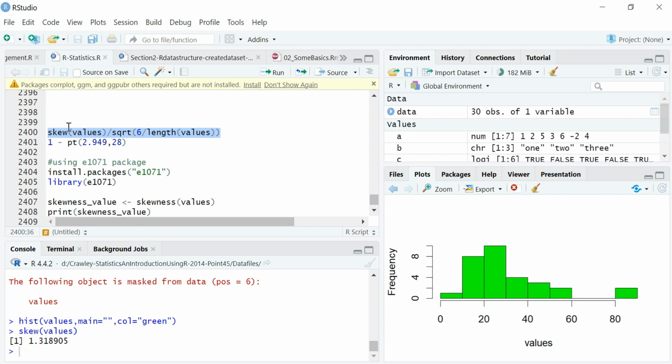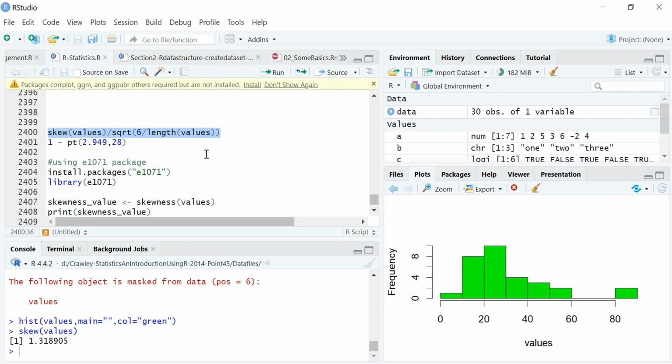So this is the point value of the skew we calculated before, then divided by the square root of 6 divided by n, where n is the sample size here. This statistic follows a t-distribution with n minus 2 degrees of freedom.